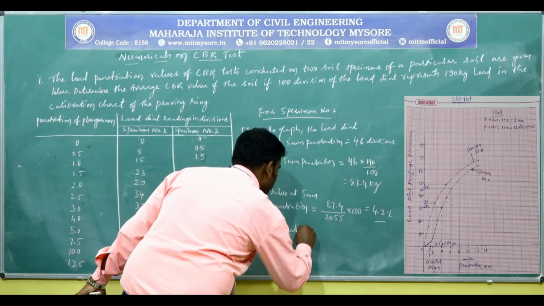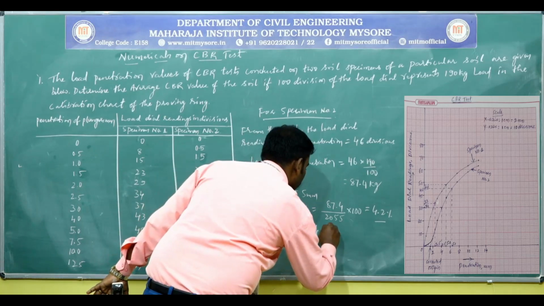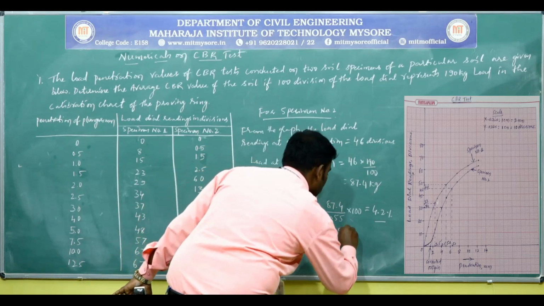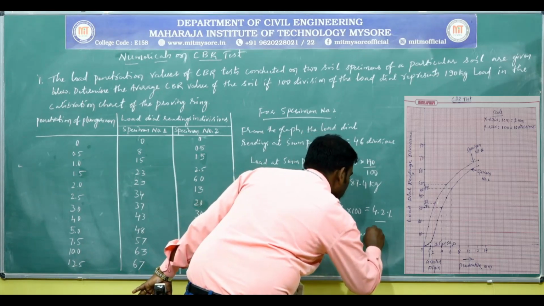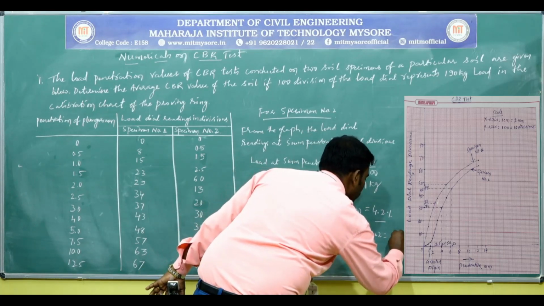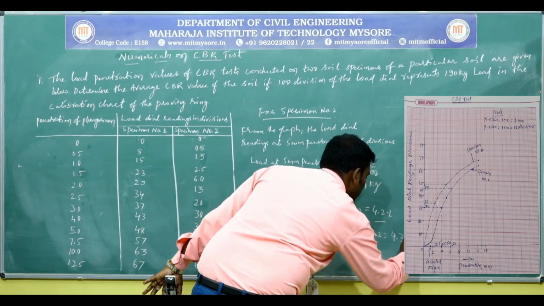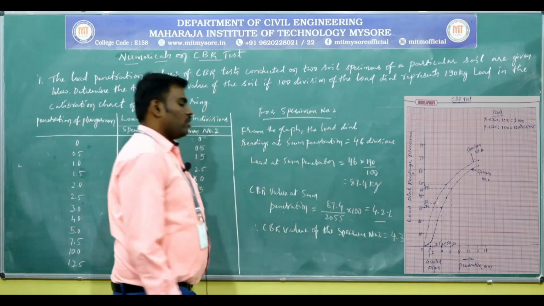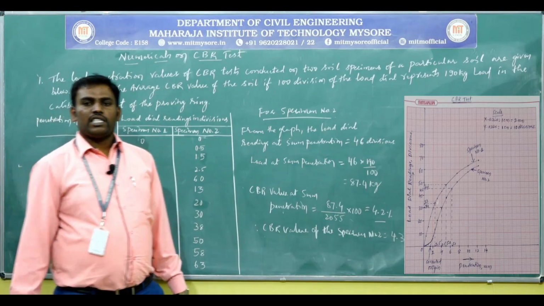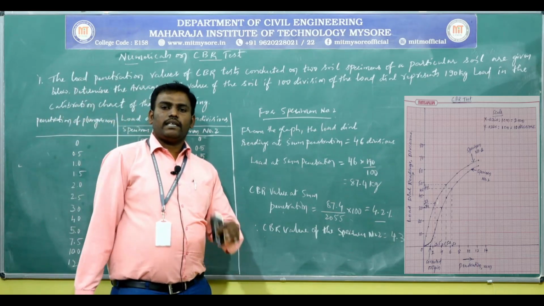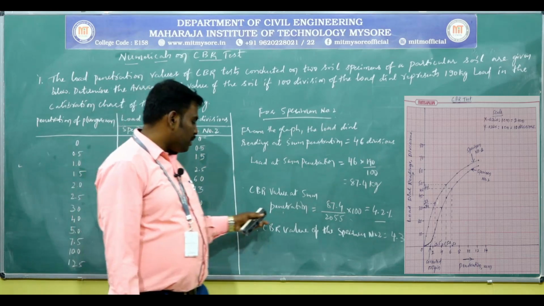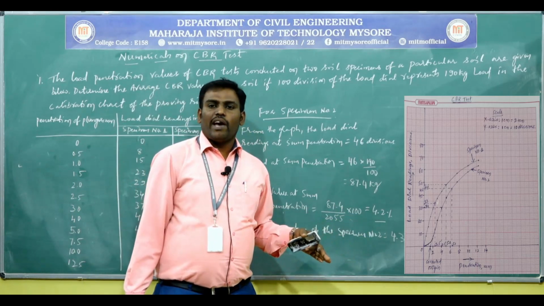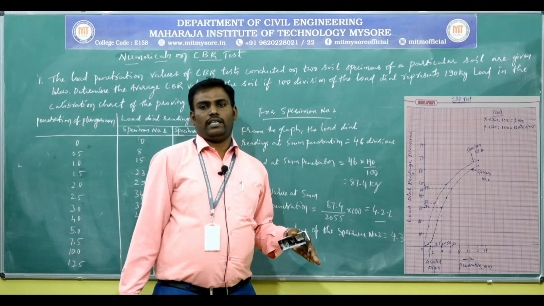Therefore, the CBR value of specimen number 2 is equal to 4.3%. Okay, for specimen number 1 the CBR value is 4.6%, and for specimen number 2 the CBR value is 4.3%.